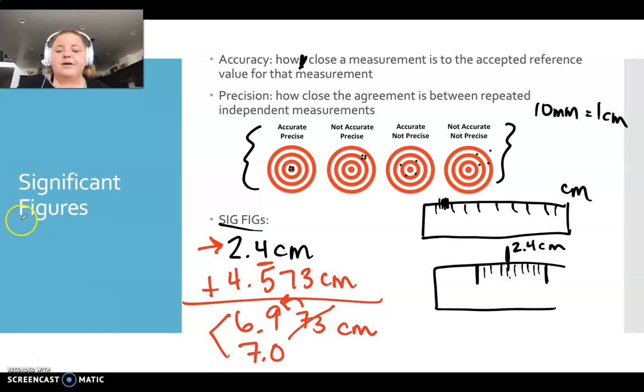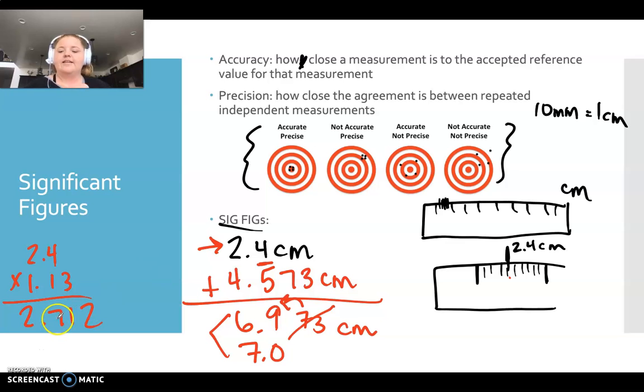Another thing is if you are multiplying, so if you have 2.4 times 1.13, and you put it in your calculator, because I can't do that in my head really fast, I get 2.712.